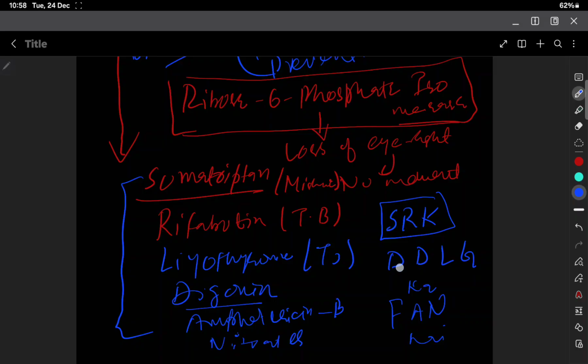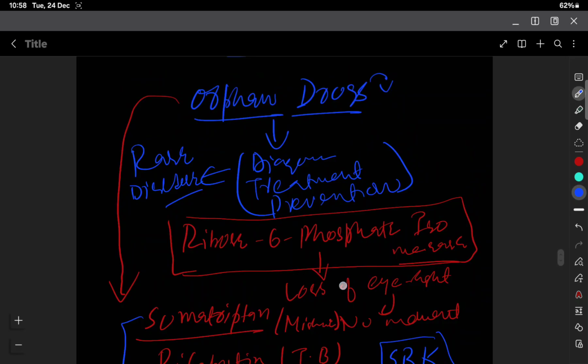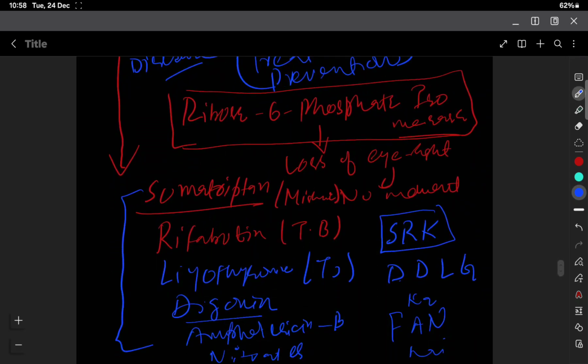Then F means fomepizole, A means amphotericin B, and N means nitrates. So these are the drugs which are used for treatment of rare diseases, and these drugs are called orphan drugs.